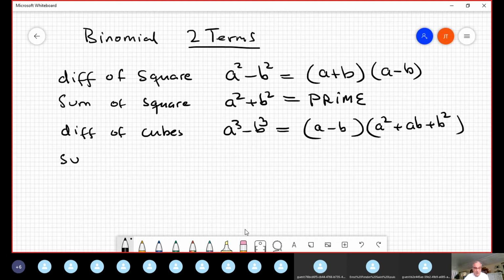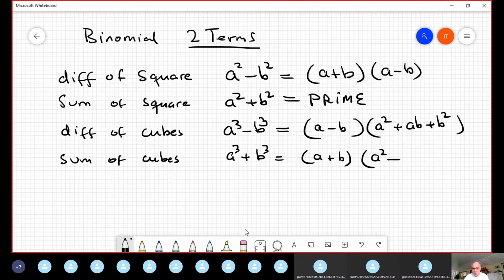And the sum of cubes, a cubed plus b cubed, is equal to (a plus b)(a squared minus ab plus b squared). It is similar, except there is a plus in the first parenthesis, one minus inside the trinomial, and the rest is plus.